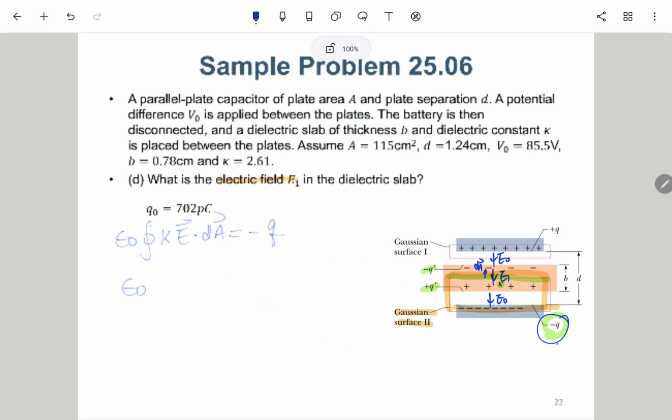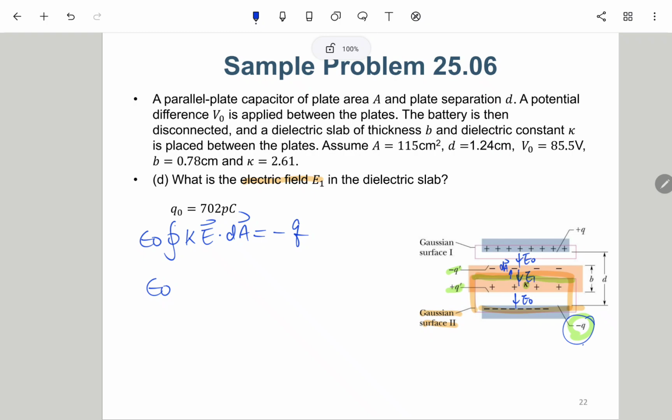So E1 dA point to opposite sides, which means we have negative kappa E1 A equals negative Q. These two negative signs cancel, so we have E1 equals Q over kappa epsilon naught A.